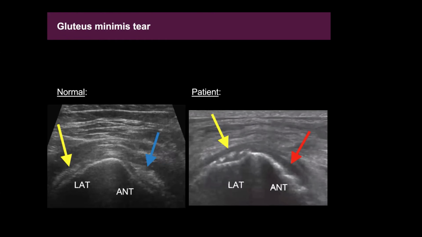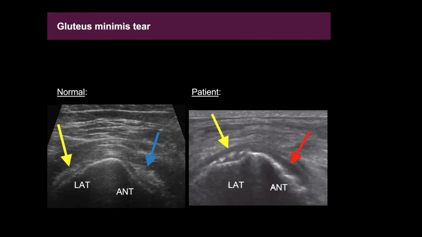And on the right-hand side of the image, if you have a patient with, say, lateral hip pain, you could see the patient still has a normal gluteus medius tendon insertion into the lateral facet, denoted by those hyperechoic fibers. But if you focus in on the anterior facet, instead of normal tendon fibers, you're now seeing fluid.